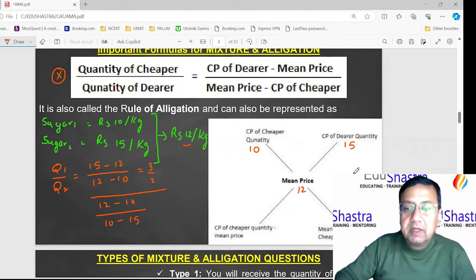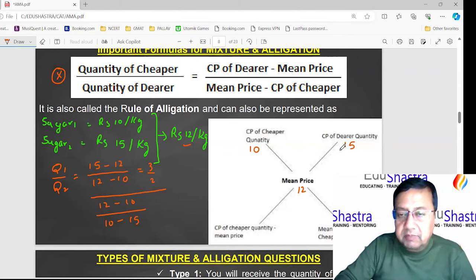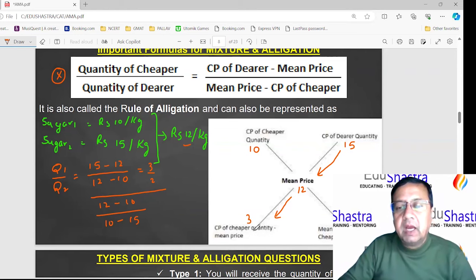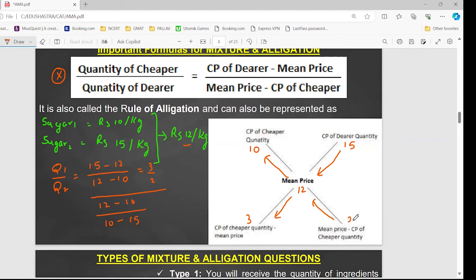Now, how to get the answer? From the bigger number, subtract the average. So 15 minus 12, this is 3. And from the average, subtract the smaller number, so this is 12 minus 10. This is done. Whatever way you write it doesn't matter.